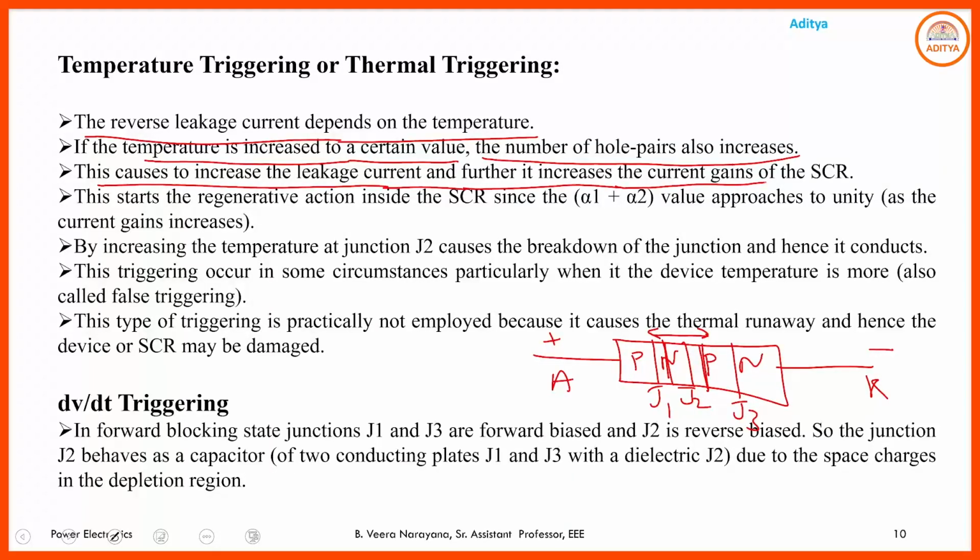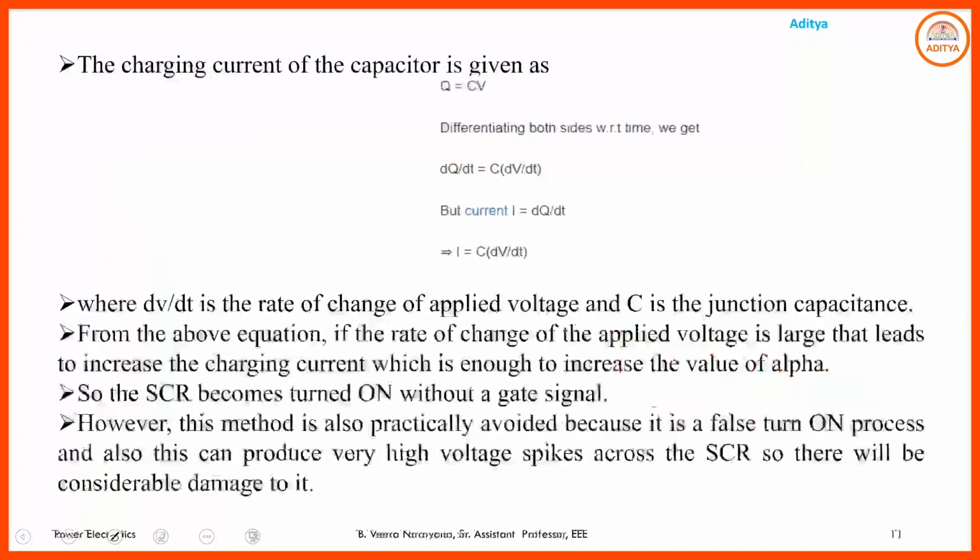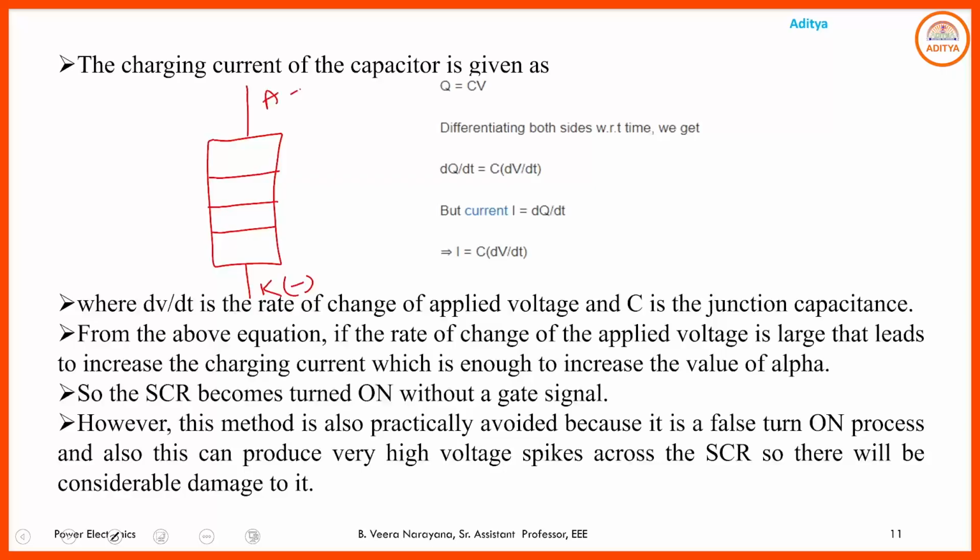And the next one, dV by dt triggering. In this dV by dt triggering, when you make the anode positive with respect to the cathode, the outer two junctions J1 and J3 are forward biased and the middle junction J2 is reverse biased.